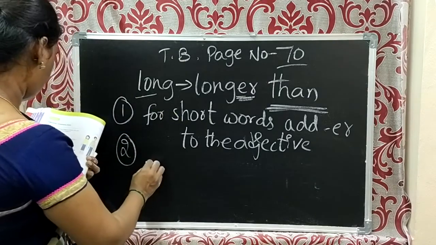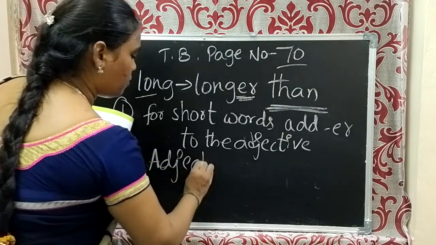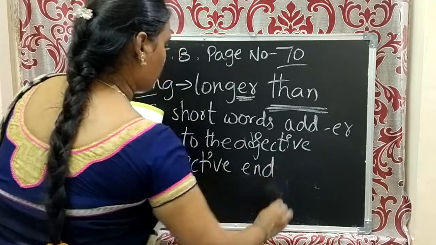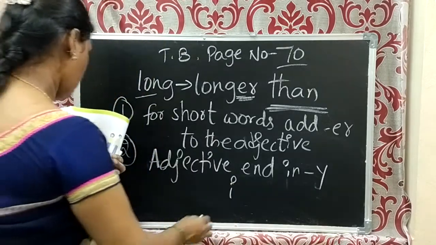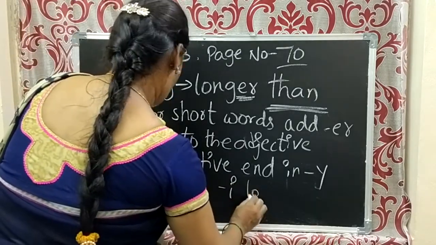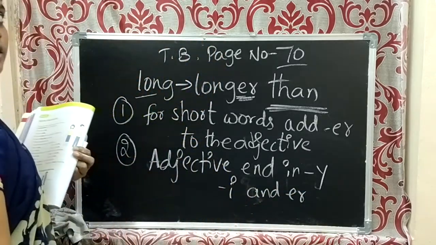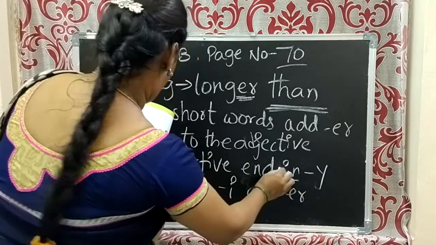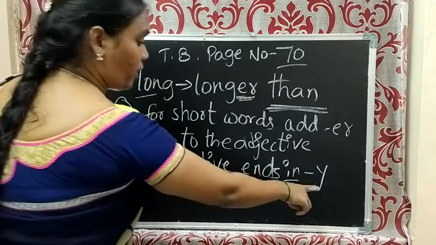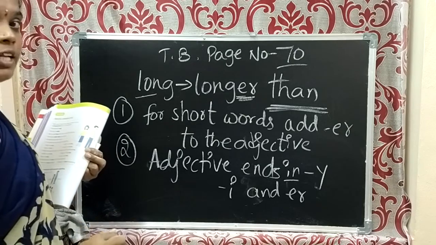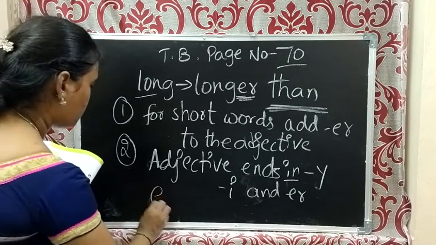The adjective ends in Y, and it changes to I and ER. Can you give one example? Easy, I have just given easy.